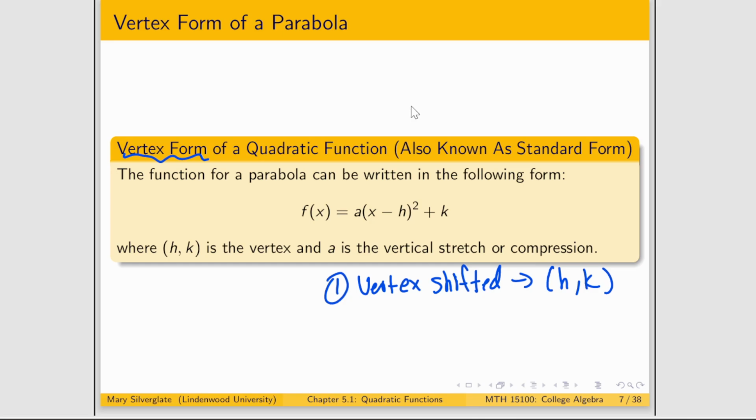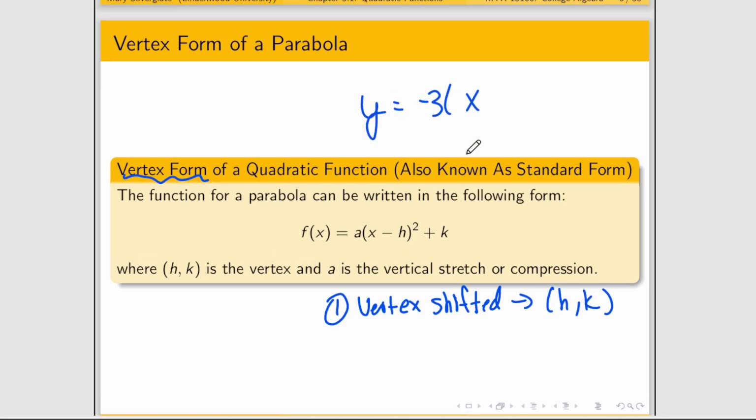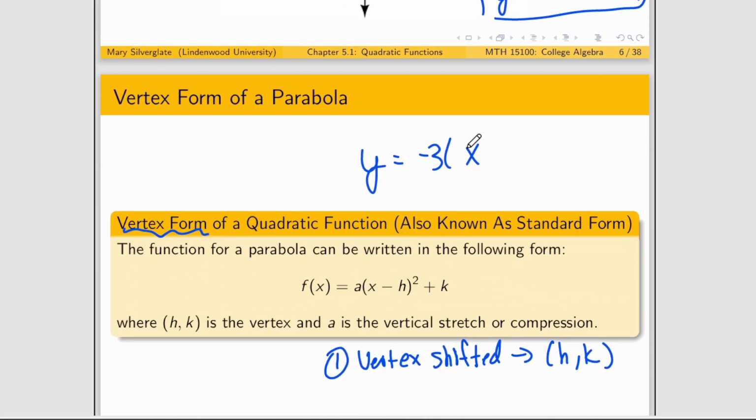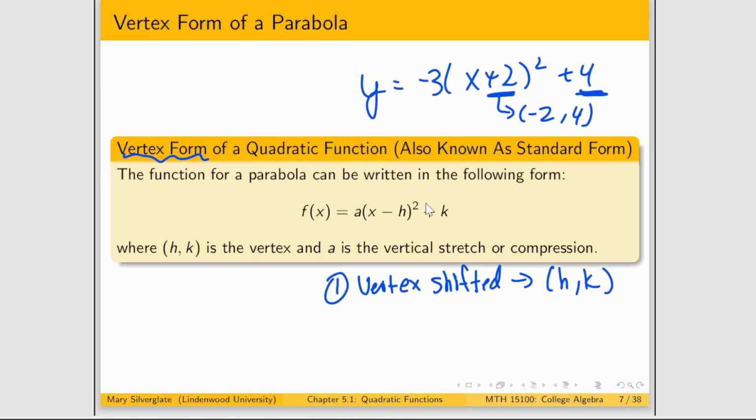So if I told you that previous equation, -3(x + 2)² + 4, you could already tell the vertex was here, with the opposite sign on the 2 for a -2 and the same sign on the 4 for a +4. That's why they have the -h noted, because it's always the opposite sign on the x coordinate of the vertex. Same sign on the y coordinate for the vertex, and that's again tying into transformations.